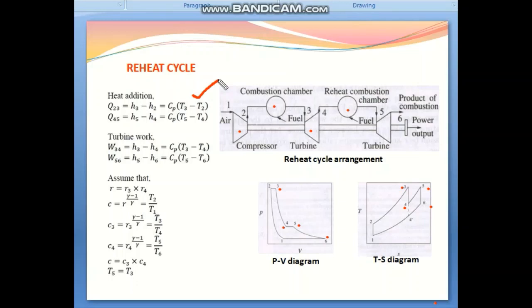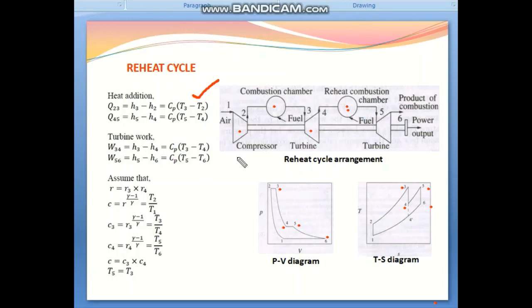And the second heat input process is 4 to 5, that is H5 minus H4. This is the second combustion chamber, that is Cp into T5 minus T4.